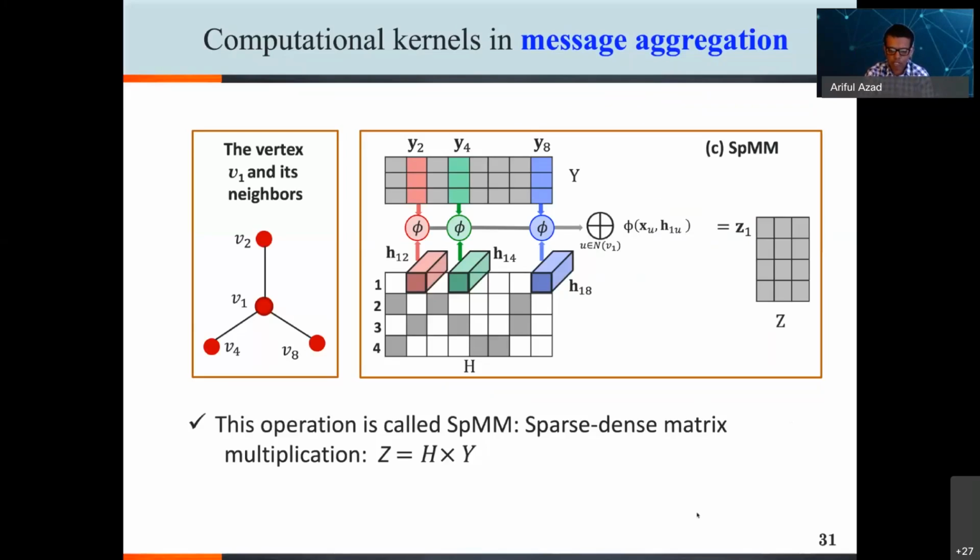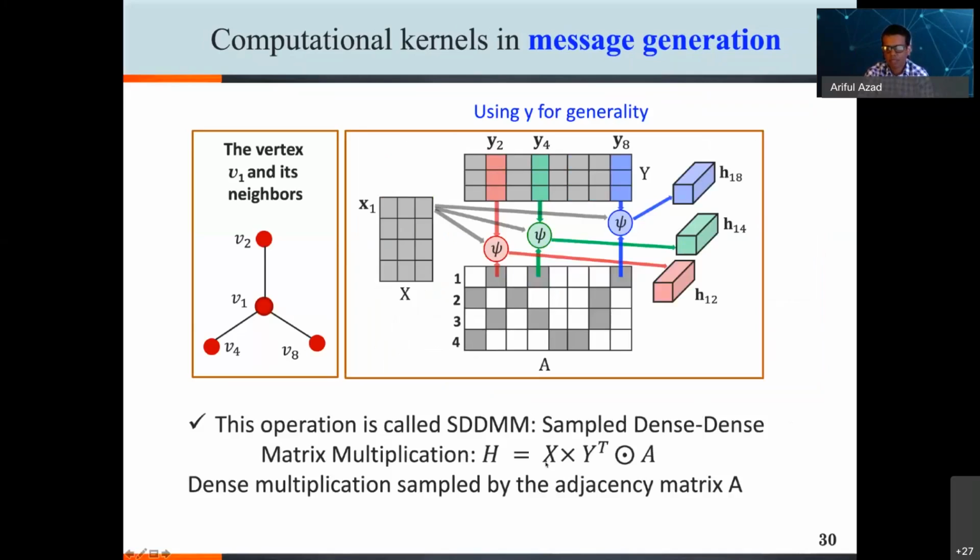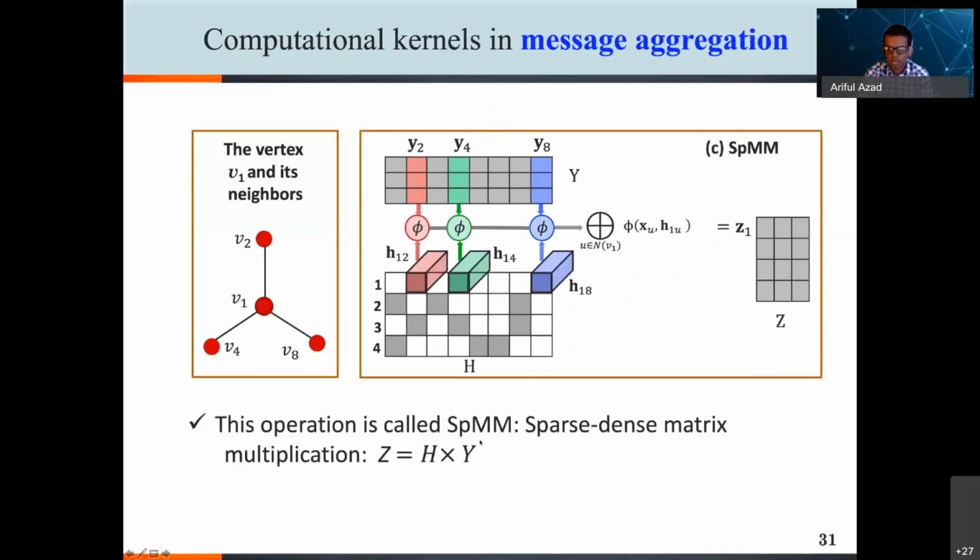The previous one was SDDMM, and this one is SpMM, sparse matrix dense matrix multiplication. If we know how to implement these two operations efficiently, then we can implement any message passing algorithm, and that means we can implement any graph embedding and graph neural network algorithm.